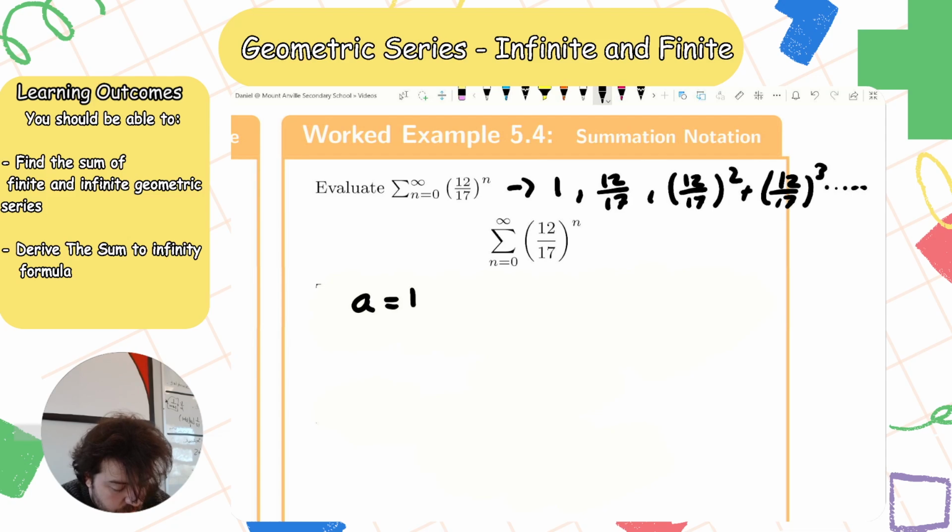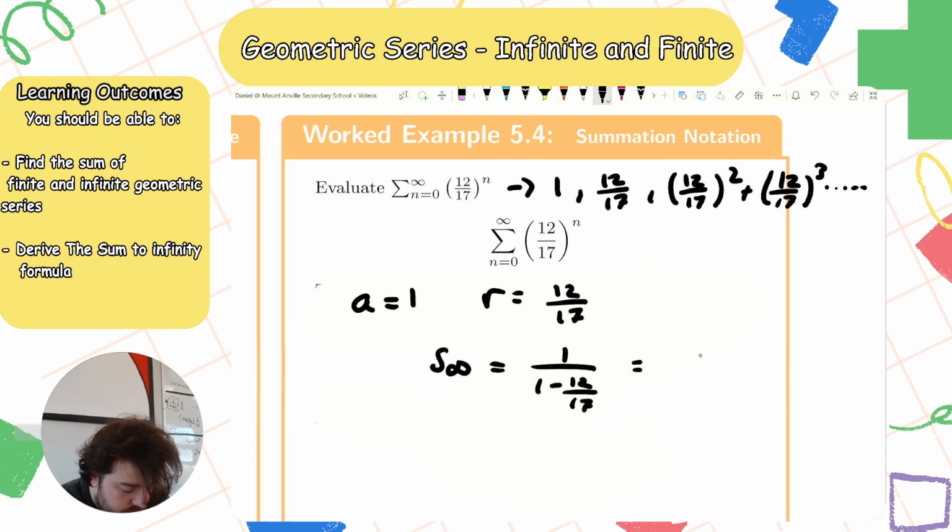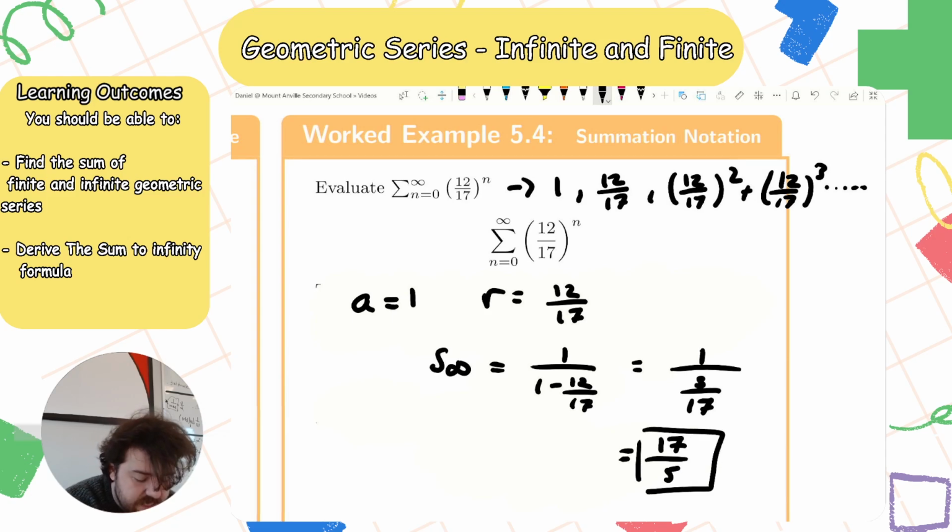So a is going to equal 1, and my common ratio is going to be 12 over 17. So I'm looking for the sum to infinity, which is 1 over 1 minus 12 over 17, which is 1 over 5 over 17, which is going to be equal to 17 over 5. So this sequence will converge to 17 over 5 if I add it on forever and ever.